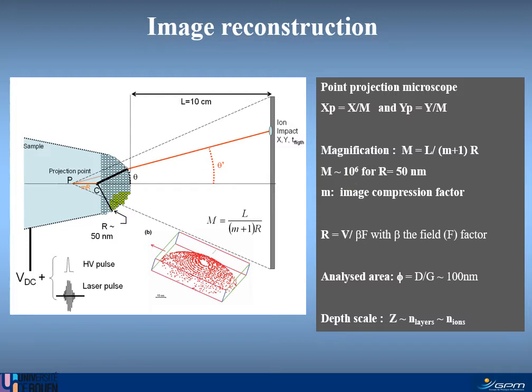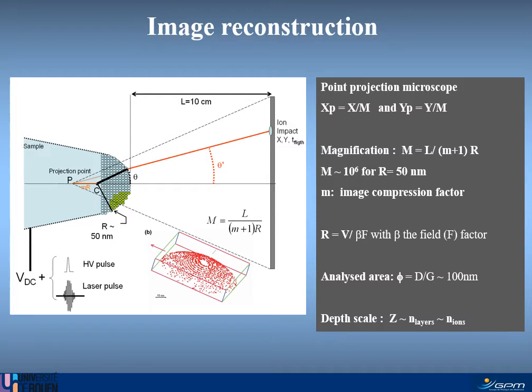So if you know the magnification and the coordinates of the ion impacts, you will be able to calculate the coordinates of the surface atoms at the tip surface. Here you can see the magnification depends on the tip radius, but you can calculate the tip radius if you know the applied voltage and the evaporation field.